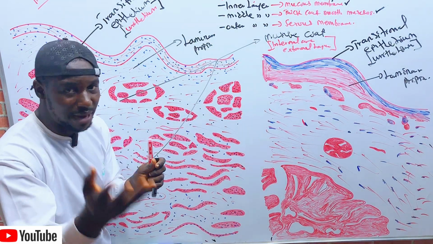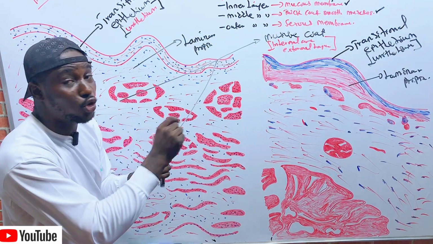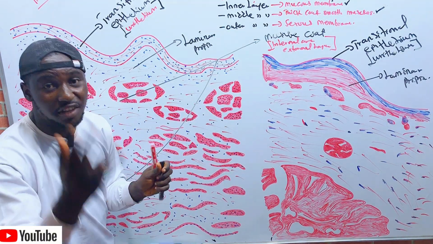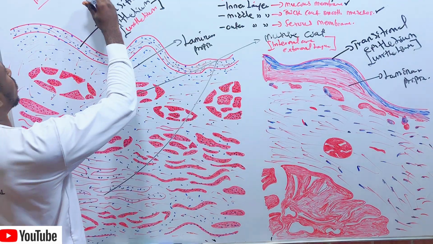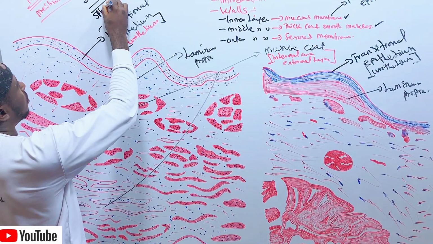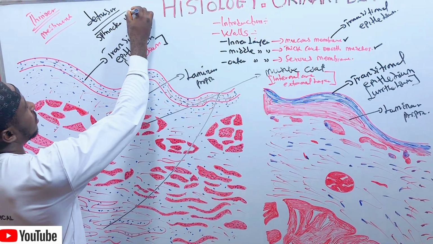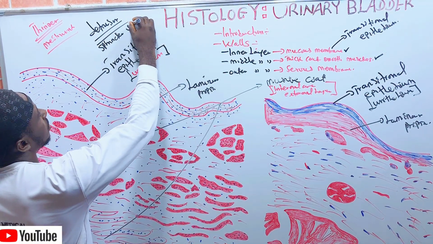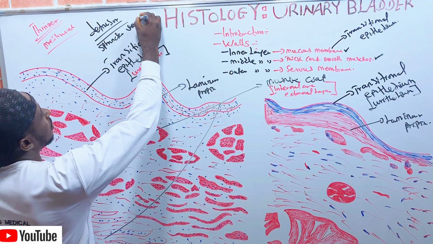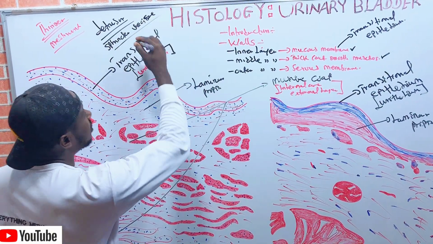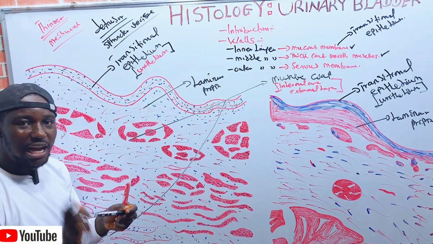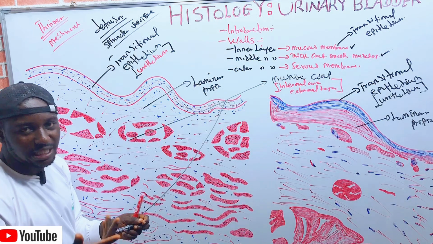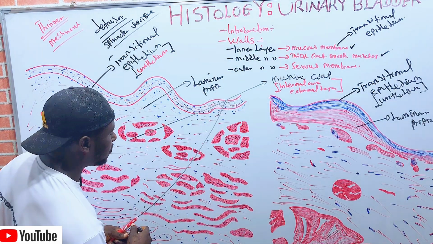The circular fibers, those smooth muscles, are being thickened to form sphincter vesicae. To form what? Sphincter vesicae. You know what a sphincter is now? It regulates the entry and the influx and efflux of substances. Get it. So that is it.